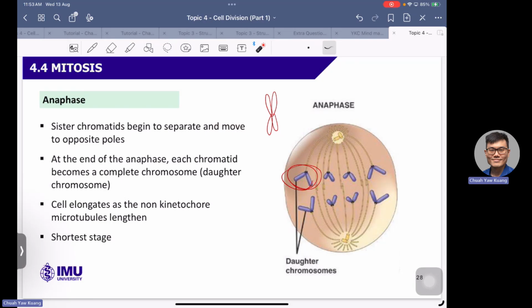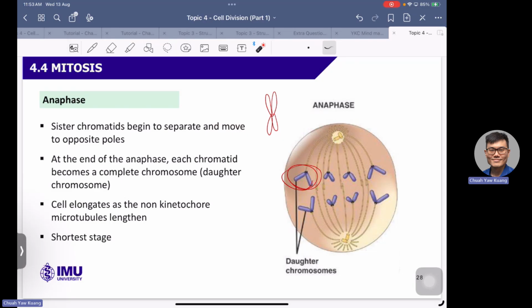The elongation of the cell is due to the spindle fibers that are not connected to the chromosomes. These will elongate and push the cell to elongate. That's what you need to know.